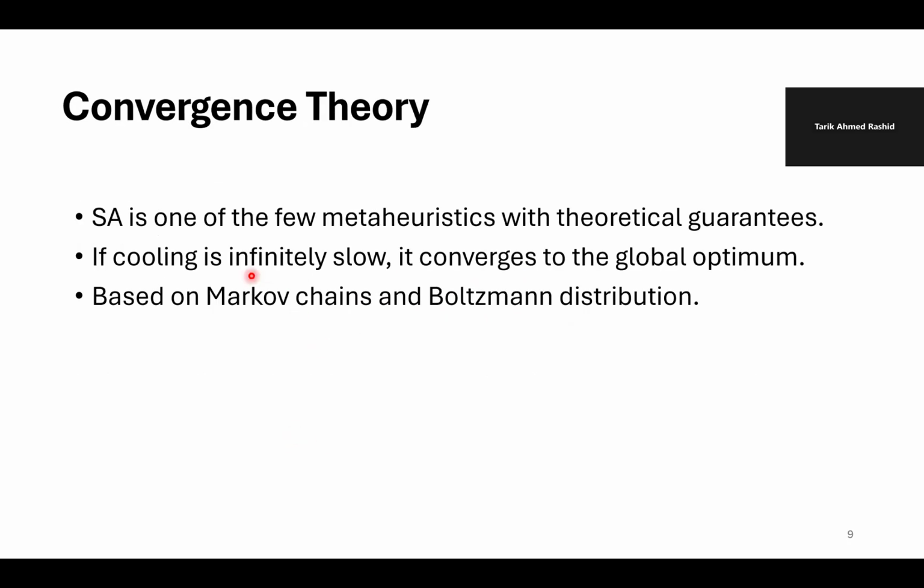Now, convergence theory. SA is one of the few metaheuristics with theoretical guarantees. If cooling is infinitely slow, it converges to the global optimum, based on Markov chains and the Boltzmann distribution.